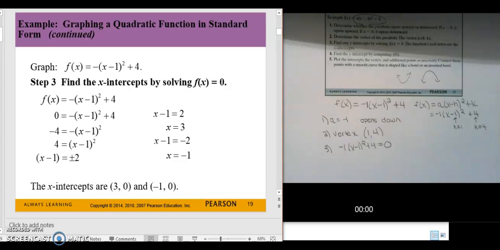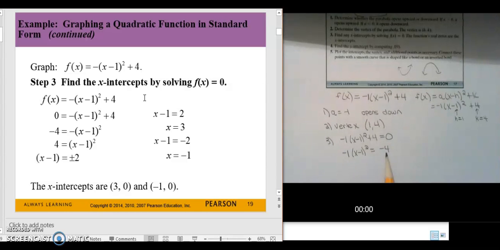They did it in the PowerPoint as well. I'm doing just a little bit different than how they do, but it's okay. Okay, and then I'm going to divide both sides by -1. That way I get rid of this -1 here.